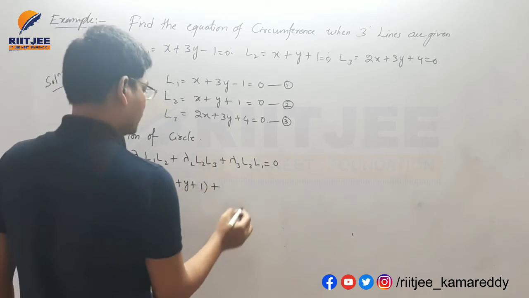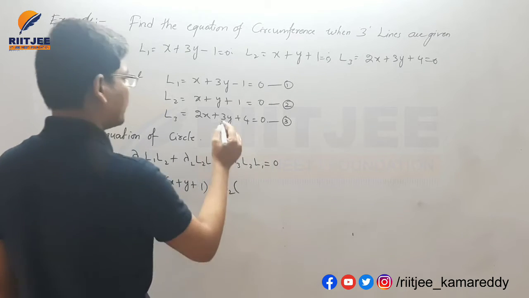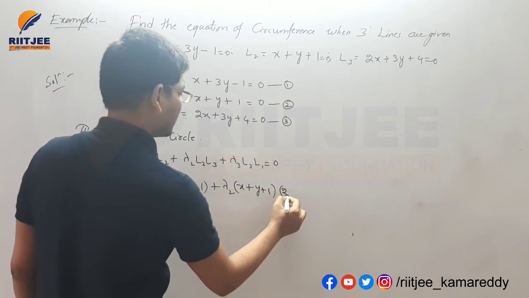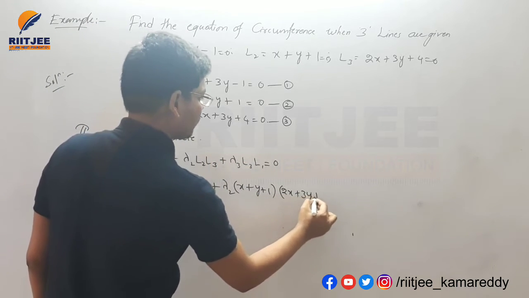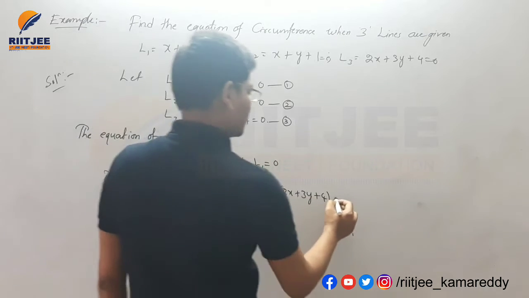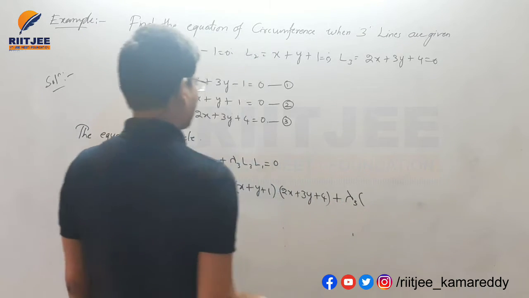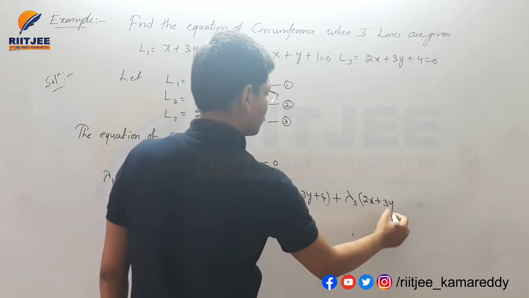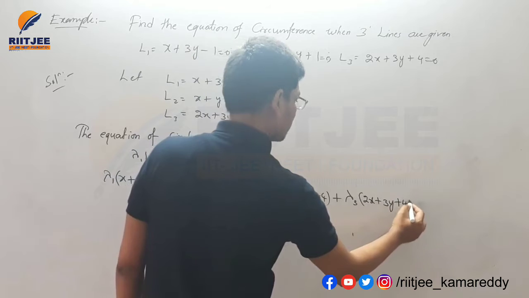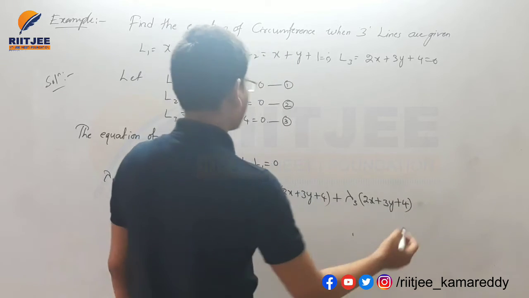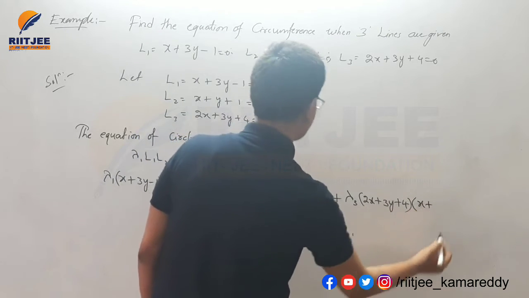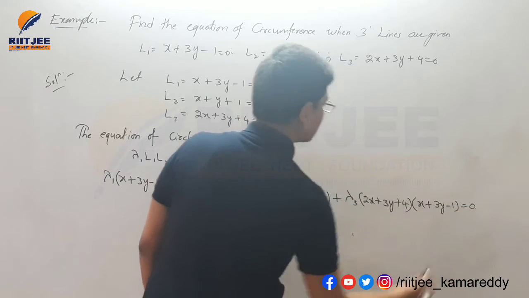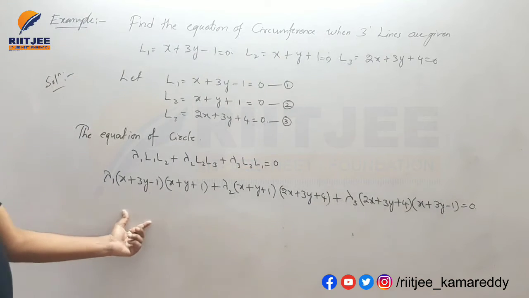Next lambda 2 into L2, (x plus y plus 1), into L3, (2x plus 3y plus 4), plus lambda 3 into L3, (2x plus 3y plus 4), into L1, (x plus 3y minus 1), is equal to 0. This is the complete expansion of the equation.